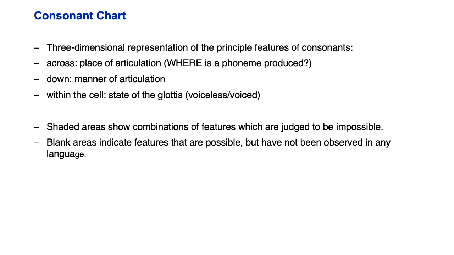Shaded areas show combinations of features which are judged to be impossible. I'll let you look at this and then figure out why it is anatomically impossible to make these particular sounds. There are also white cells. Those are phonemes that could be produced but have not yet been accessed. Okay.